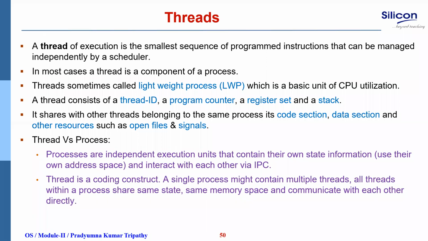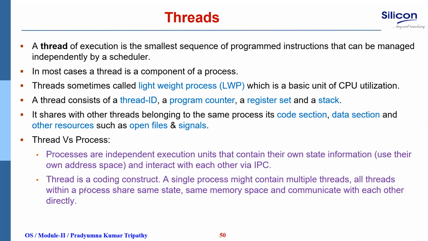So processes are independent execution units. Which are the independent execution units? The processes are independent execution units that contain their own state information and interact with each other via IPC. So processes interact with each other via what? Inter-process communication. We have read about those things. So processes interact with each other by message passing or by inter-process communication.